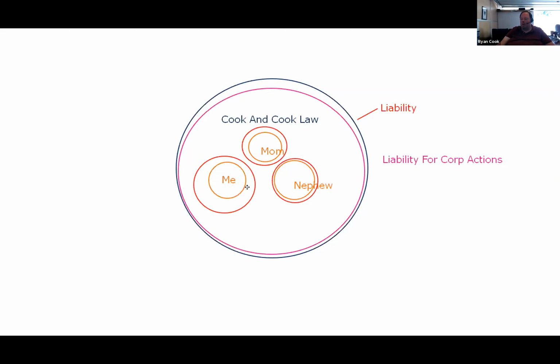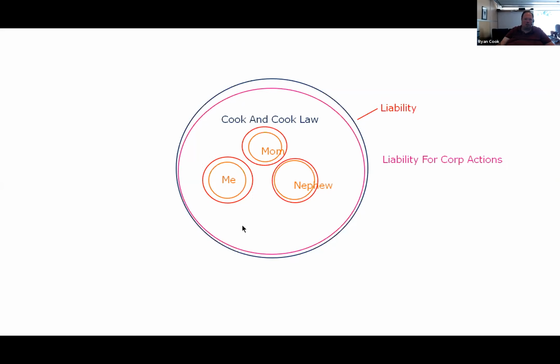This is my liability for my actions. I can actually make that smaller so it fits better. This is my liability for my actions. This is the liability for my nephew's actions. This is the liability for my mom's actions. But if the secretary does something, remember, the secretary is not a partner.